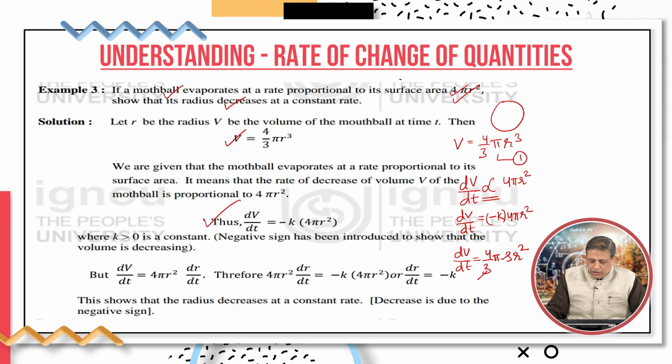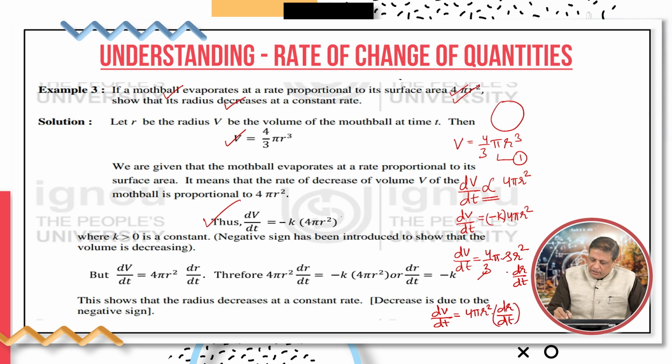So, 3 will be cancelled out, and apart from this, dr by dt is to be there. So, hence dV by dt will turn out to be 4 pi r square into dr by dt.